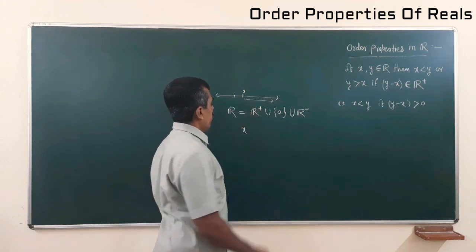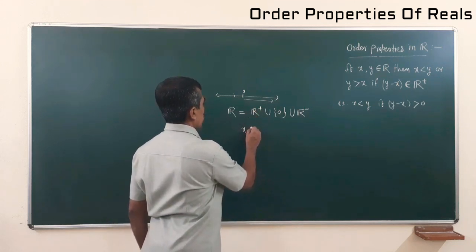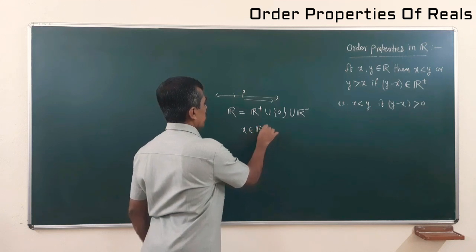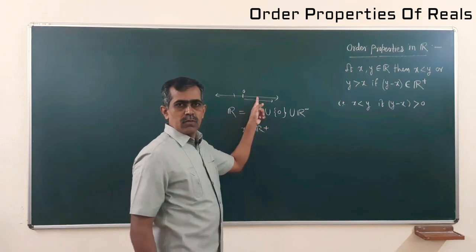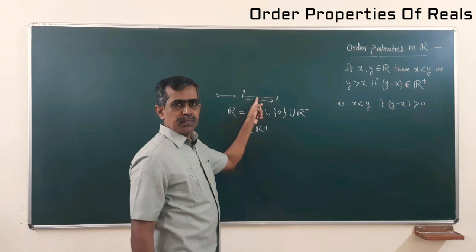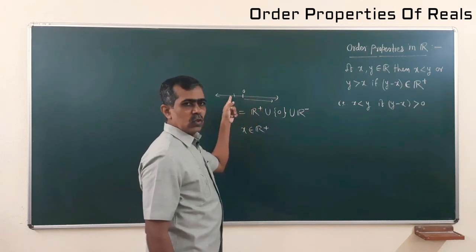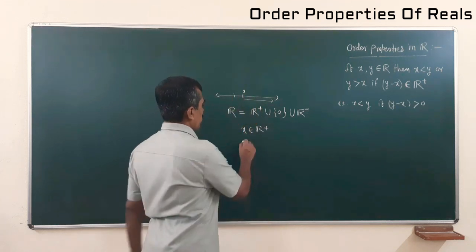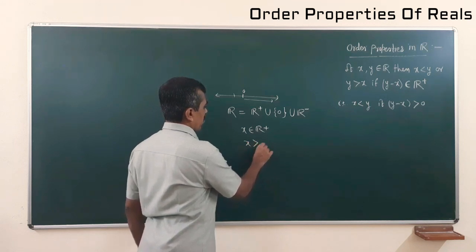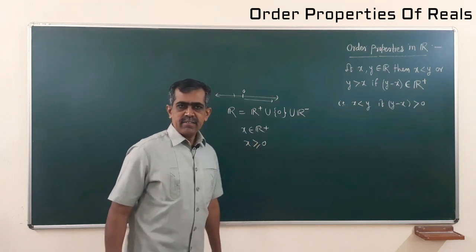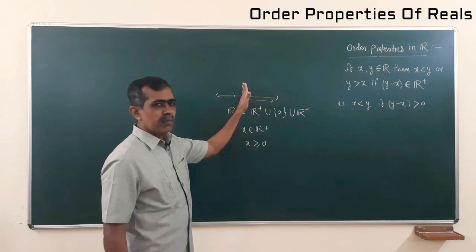So suppose x belongs to R plus. That means x is positive, so x is neither 0 nor negative. Now if I say x greater than or equal to 0, what does this mean? x is either greater than 0 or x may be 0.